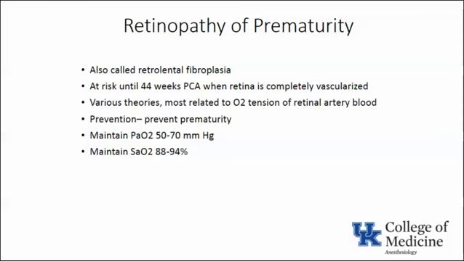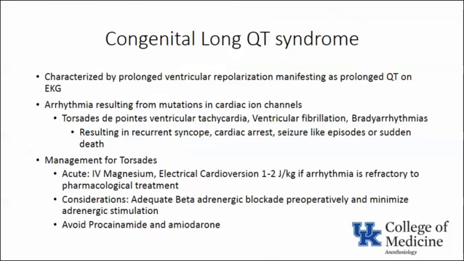But when you have them in the operating room, you make sure that the PaO2 is around 50 to 70, and since you're not going to measure PaO2 levels, make sure that the saturations are in the upper 80s and lower 90s. And the reason is the oxygen tension of the retinal artery has been linked to being the causative factor for retinopathy of prematurity.